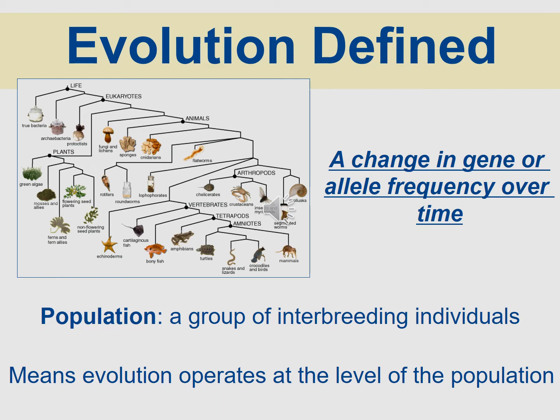That everybody in a group can interbreed. Think about the entire human species, over 7 billion on the planet. Each person can interbreed with any other human on the planet. That defines us as a species.